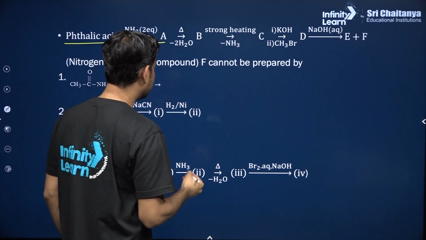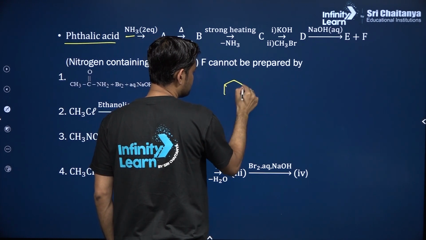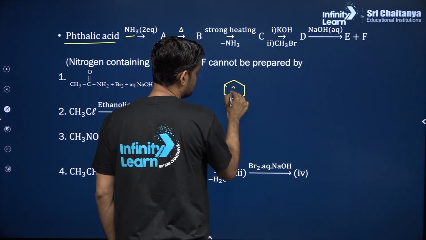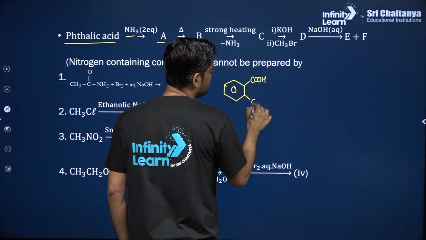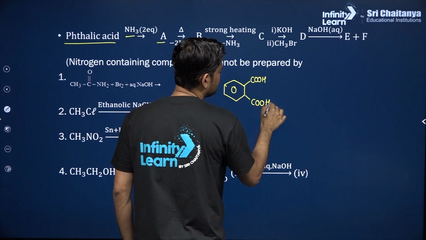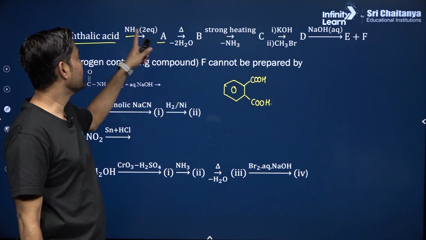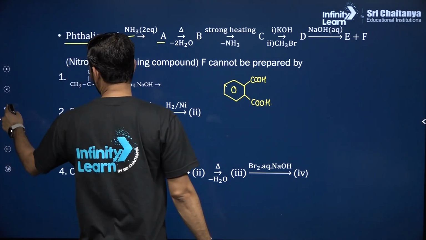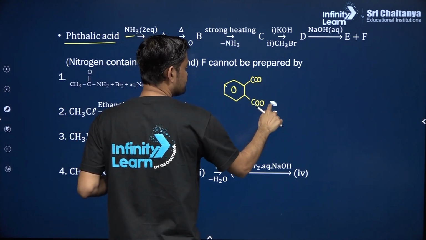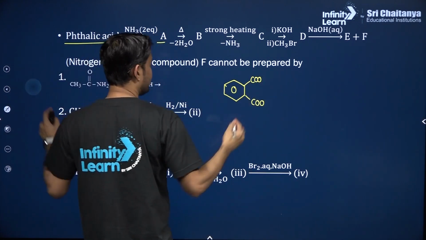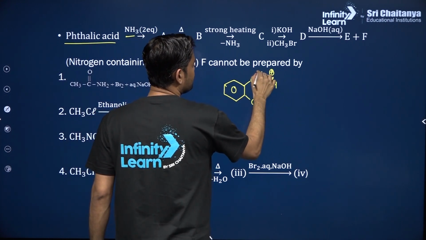Next, phthalic acid, when treated with 2 equivalents of ammonia, will give you A. Okay, so let us take phthalic acid. So this is phthalic acid. When it is treated with 2 moles of ammonia, in place of H you will get NH4 plus and COO minus.